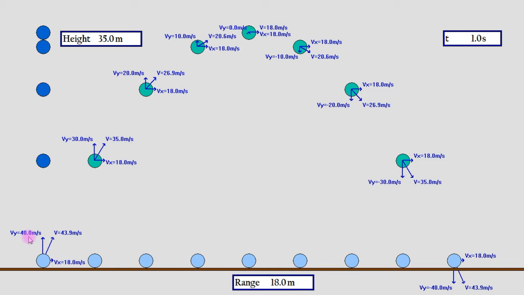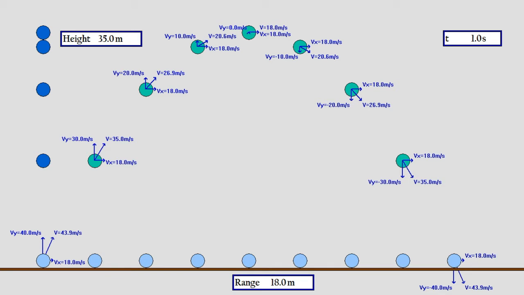So instead of going 40 in the vertical direction, it only goes 35. In that first second, the object reaches the displacement horizontally, or better known as range, of 18 meters. And so the object is located at the 18 meter mark in the x direction.